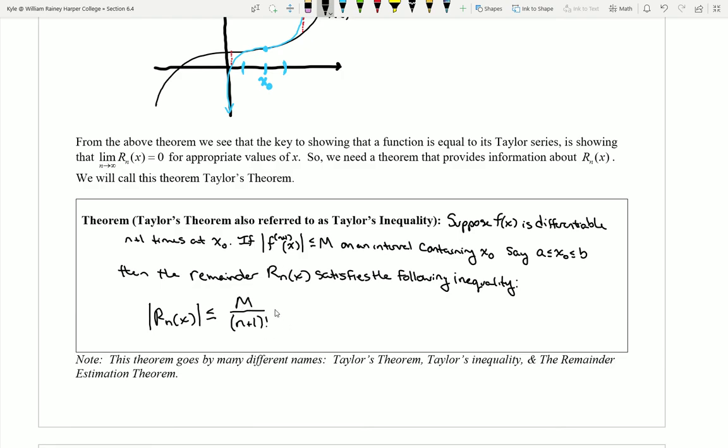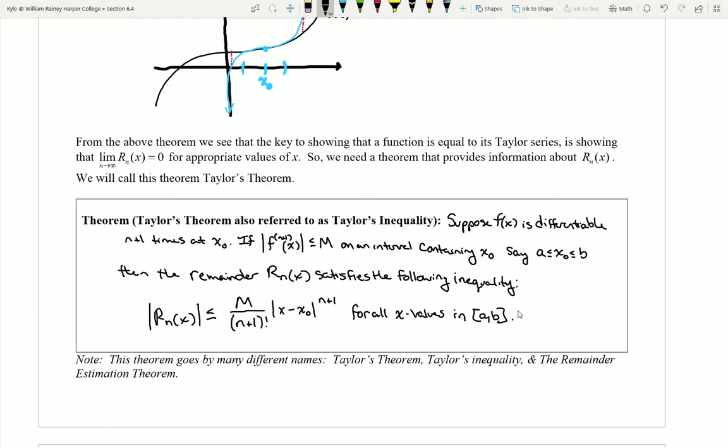I'm going to have an n plus 1 factorial, and then I'm going to multiply by x minus x naught to the power of n plus 1. And this would have to be true for all x values in the interval a to b.